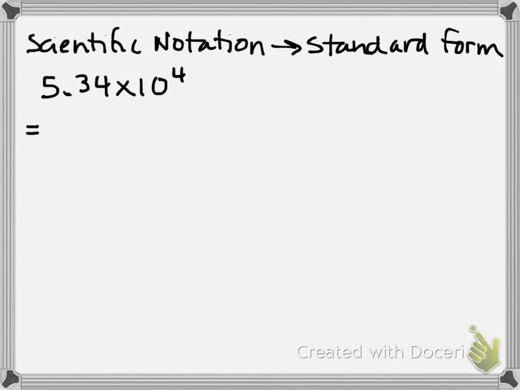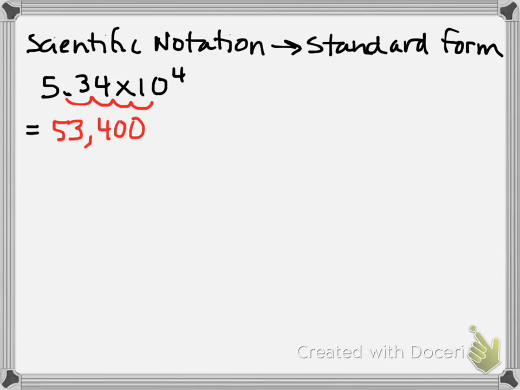You can go 4 decimal points to the right. Like this? Like that? Yes, and then it'd be 53,400, and that's it.